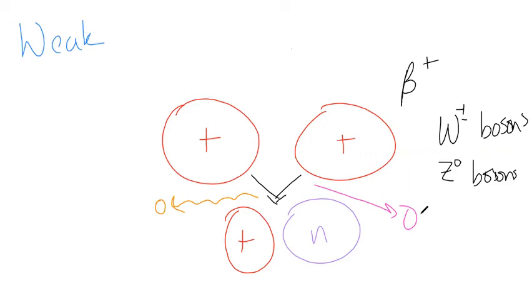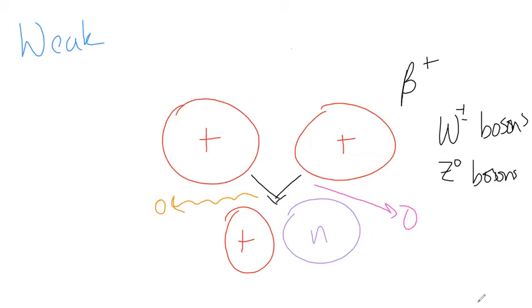In beta minus decay though, we start off with a proton and a neutron. We give away, instead of a neutrino, an antineutrino, and instead of giving away a positron, we give away an electron, and then we get two protons. And that's what we call the beta minus decay.